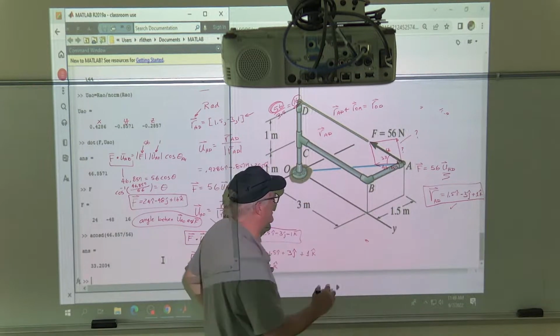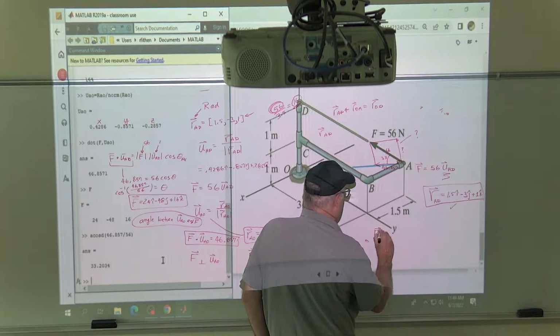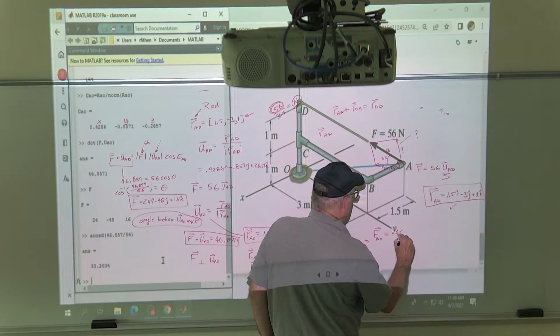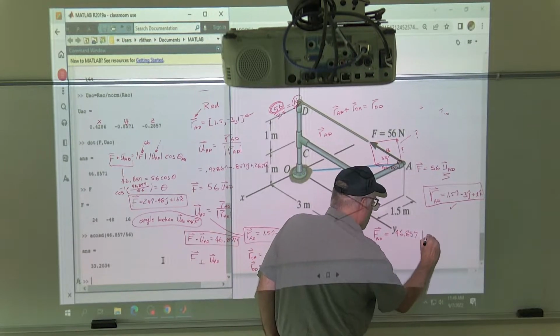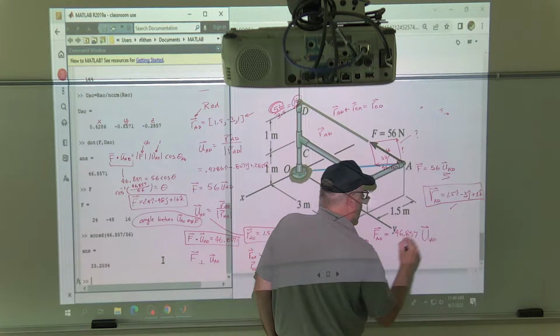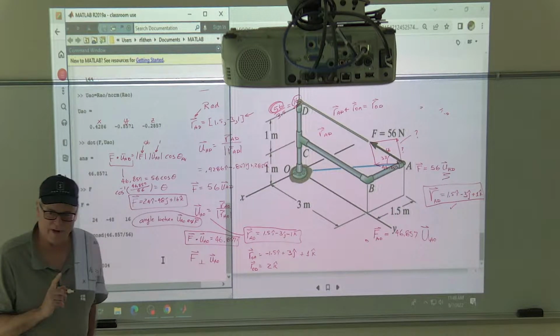This is 46. That's the length right there. So I want to find the force vector that goes from A to O. I contend, now let's think about this, 46.7 times the unit vector which goes from A to O. Is that true? Think about that.